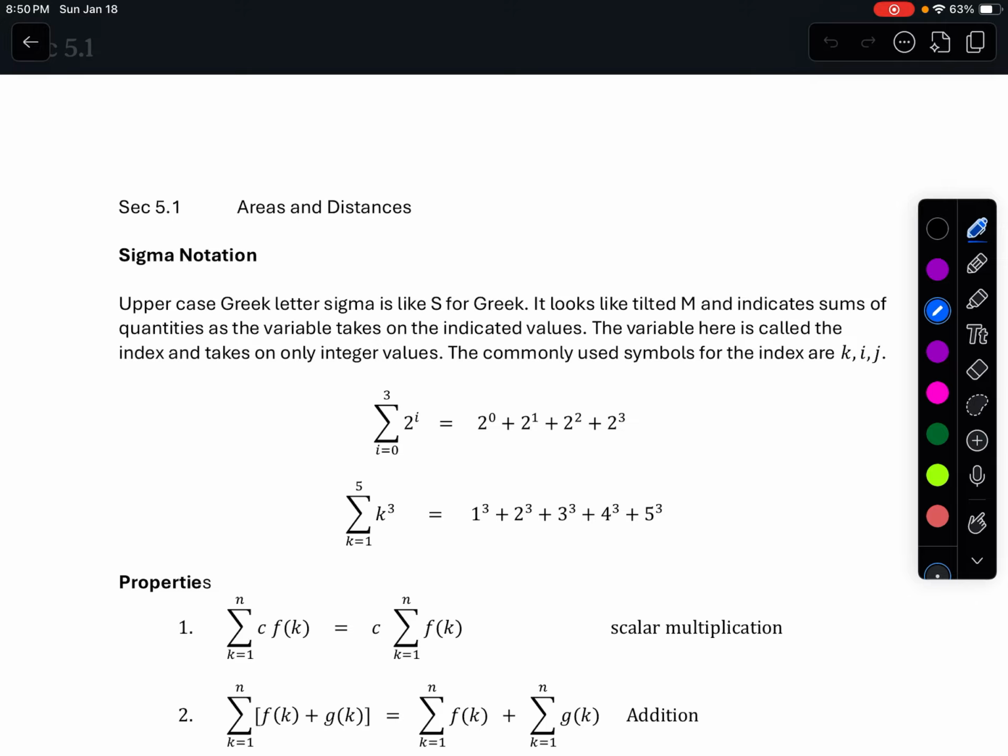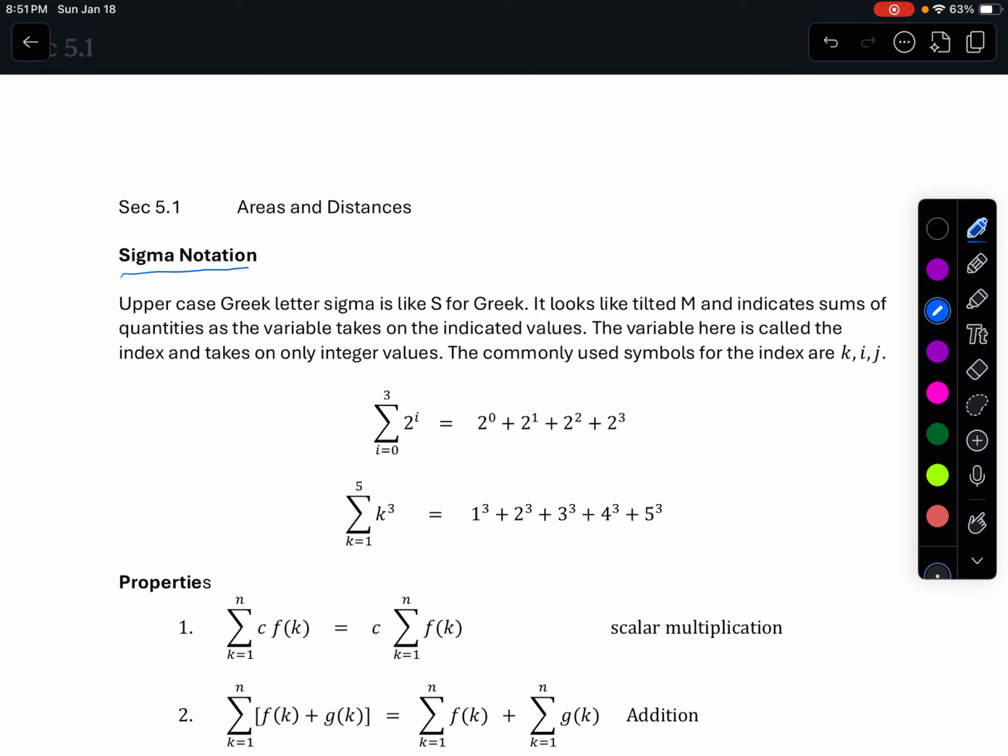One of them is the area problem and the other is the distance problem. We will start with the area problem, but before I start, let me explain what we mean by sigma notation.